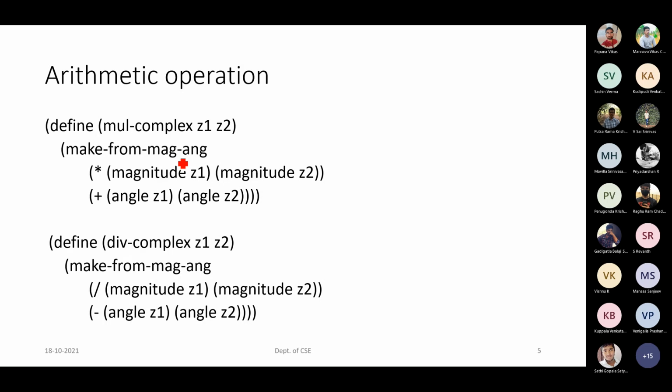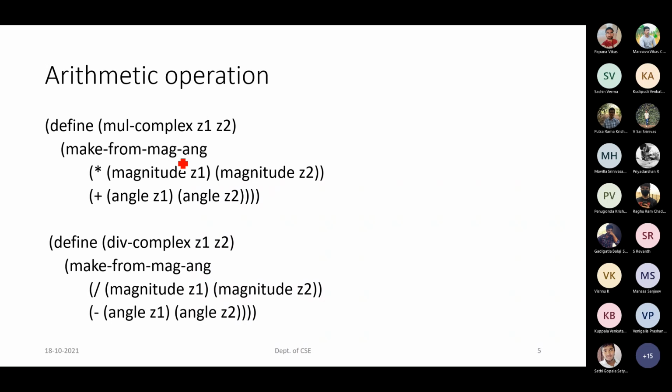Similar is the case with the division of two complex numbers. Whenever you have a division of two complex numbers, it will be easy if it is in the polar form representation, where you can directly divide the magnitude of the first complex number by the second complex number. That will become our magnitude value. Since it is division, we have to subtract the angles.